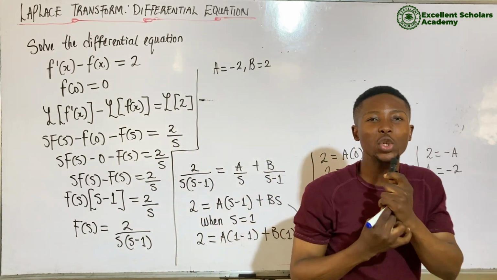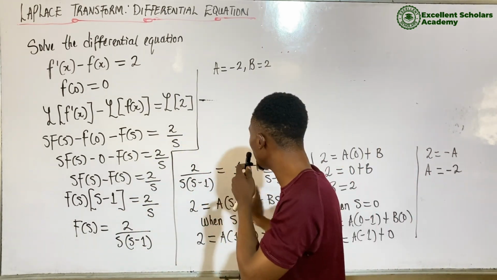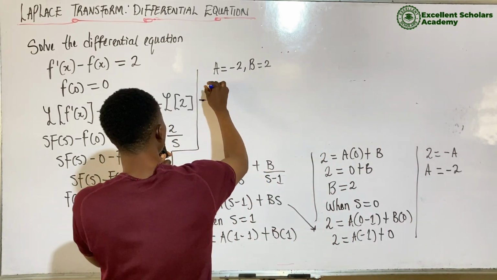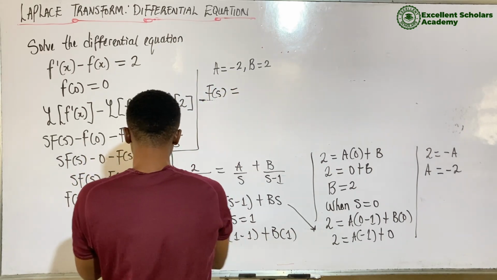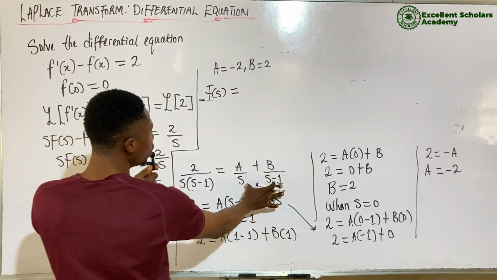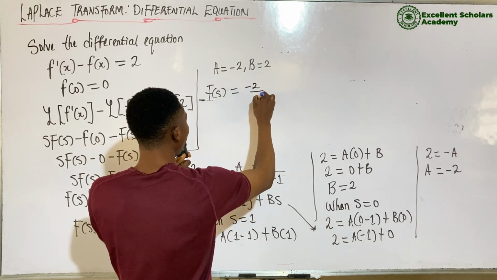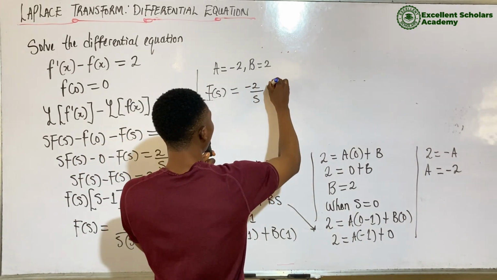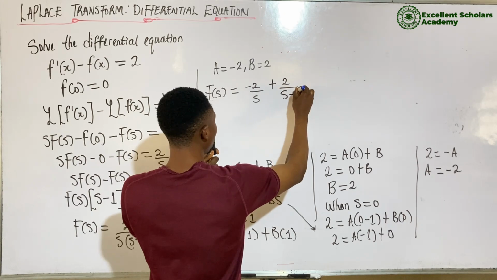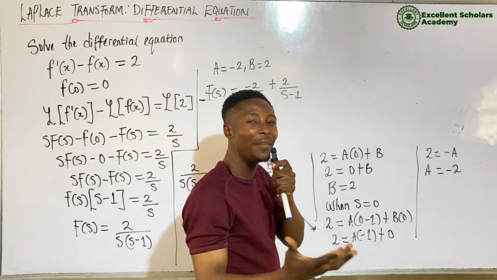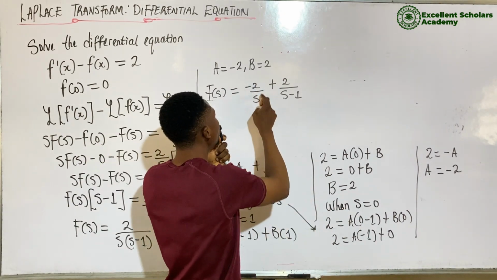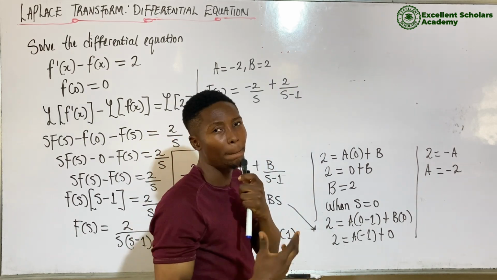Okay, so now we're going to substitute these constants into this. Our f of s was equal to this, but we resolved it into partial fraction. So this becomes a, that's minus 2 over s, plus 2 over s minus 1. Now we have f of s is equal to minus 2 over s plus 2 over s minus 1.